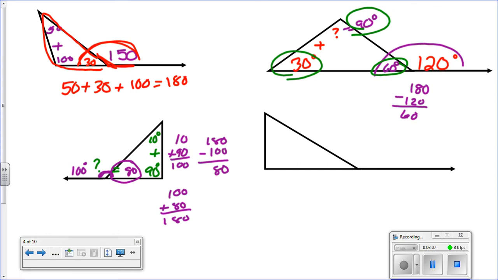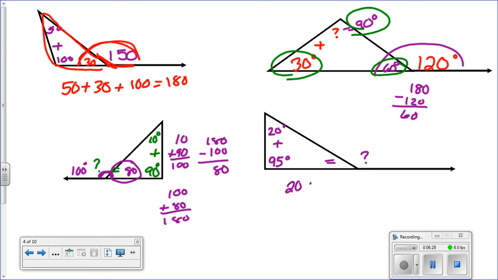So for example, again, let's say I tell you that this is, we'll say 95 degrees, and we'll say this is 20 degrees. And I want to know what's the angle on the outside. Well, the theorem says that this plus this equals the one on the outside.